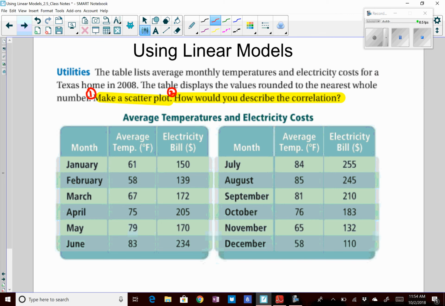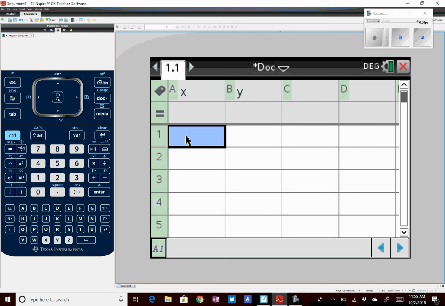So let's call up the calculator here, and we want to get a list in a spreadsheet page. In the first column, I'm going to call that X, and we'll enter all of the temperatures there. And in column B at the top, I'll call that Y, and we'll enter the values from the table.